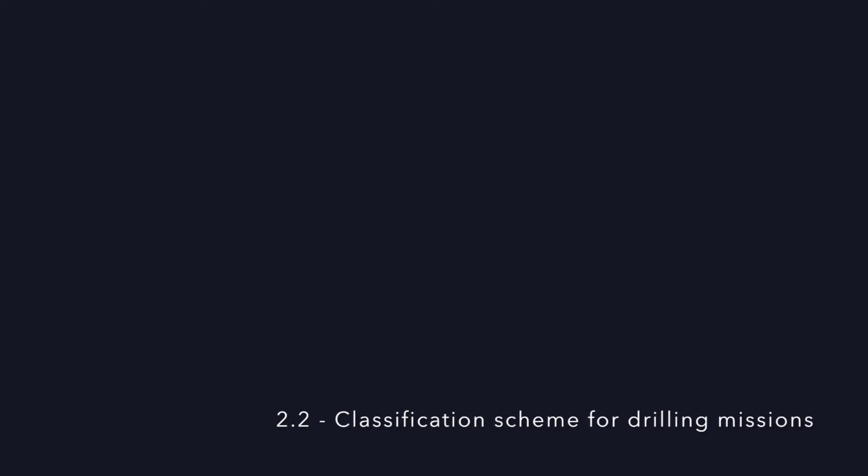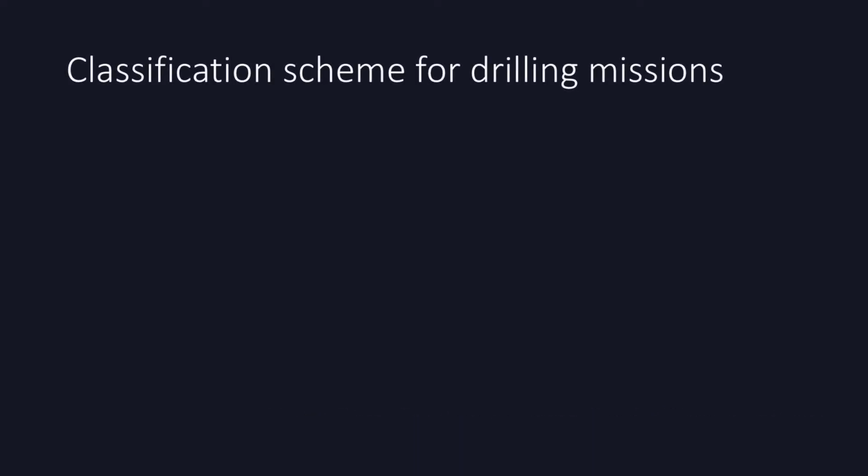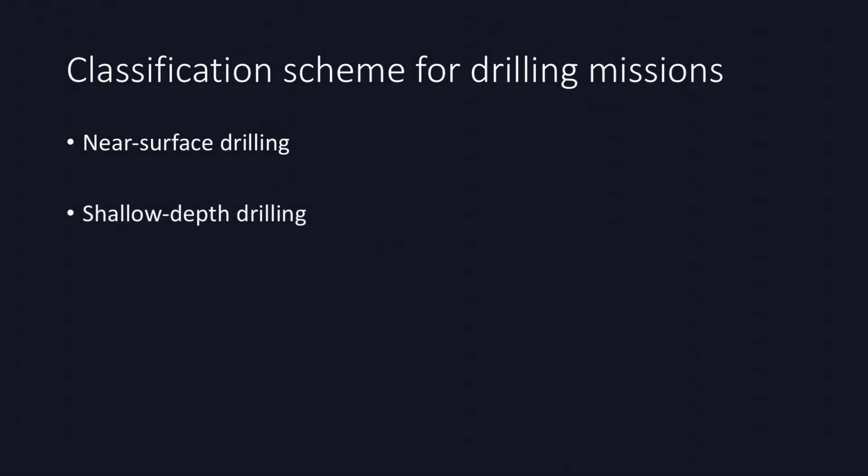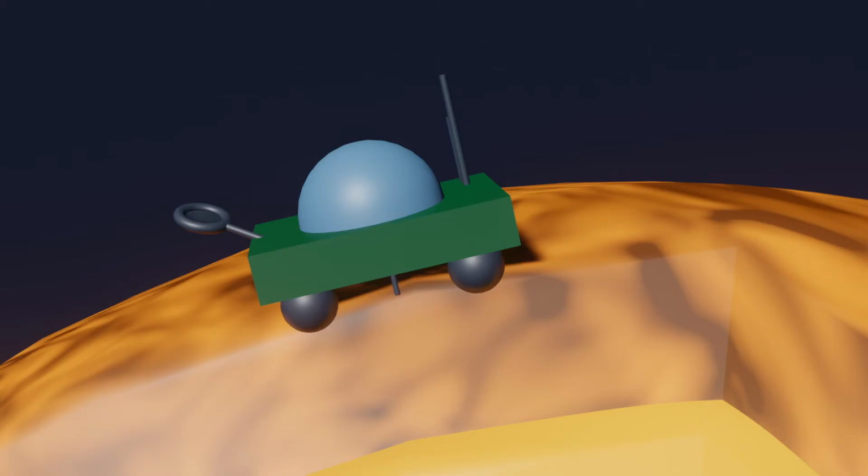The classification of a planetary subsurface drilling mission is generally carried out according to the drilling depth that is desired to be reached. The differentiation ensues between near-surface drilling, shallow depth drilling, and deep drilling. When considering near-surface drilling, depths between 5 to 10 centimeters are looked upon.